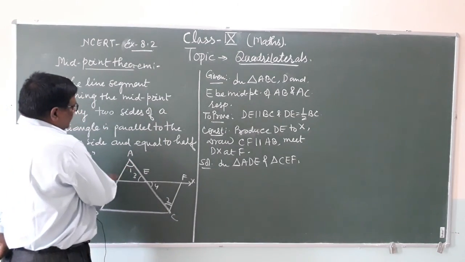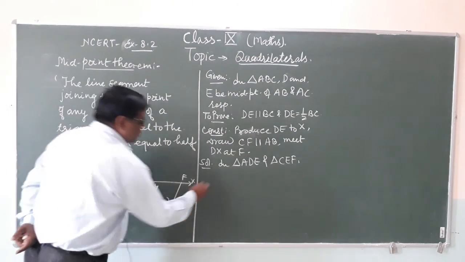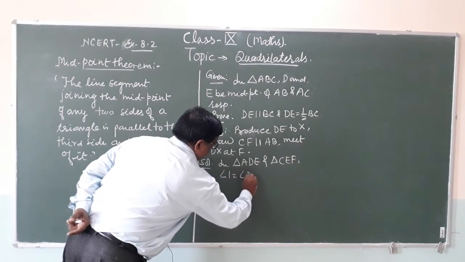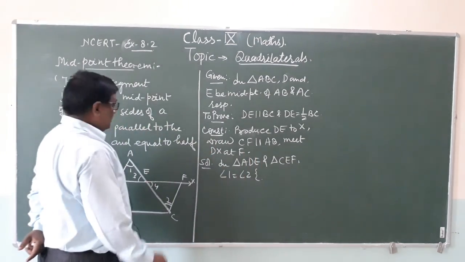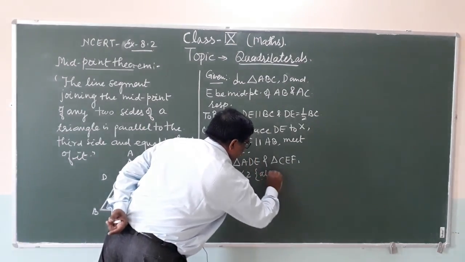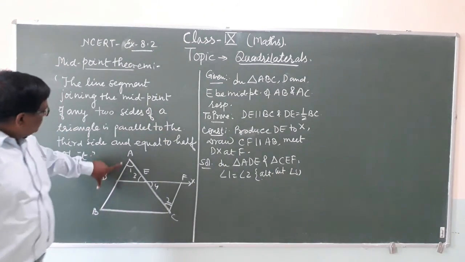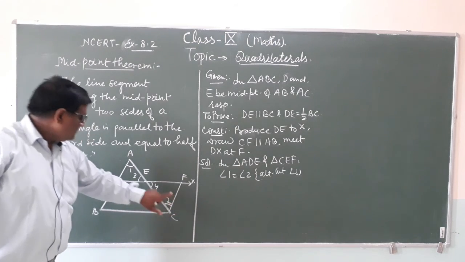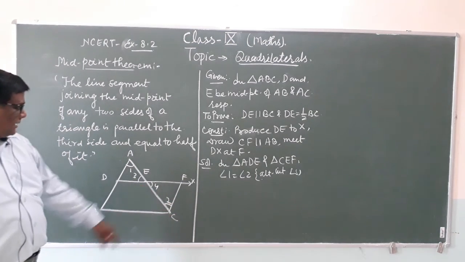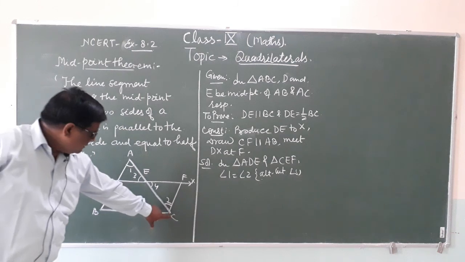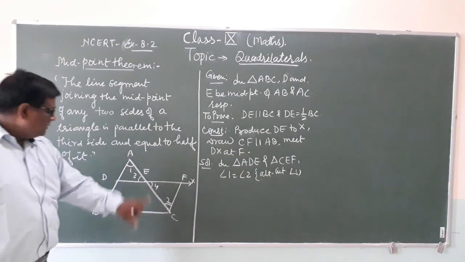First we write angle 1 is equal to angle 2, due to alternate interior angles. Why? Because AB is parallel to CF and this line is the transversal, so angle 1 is equal to angle 2.